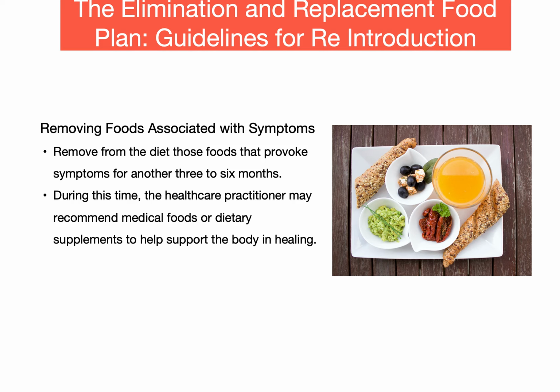If it's a mild reaction, then you can just say, well, I'm going to eat this type of food. Maybe I'll just manage the symptoms for a few days, but I won't do it very often. That's another option.